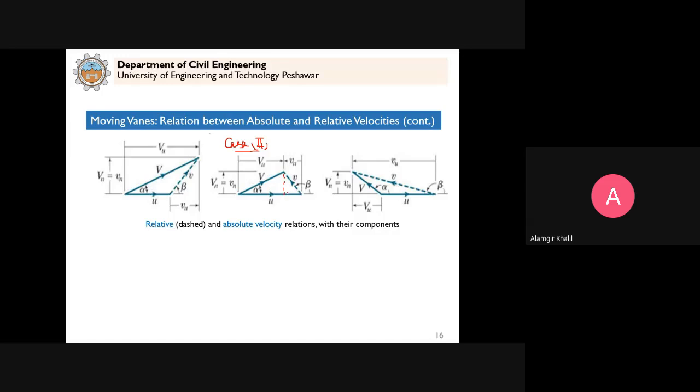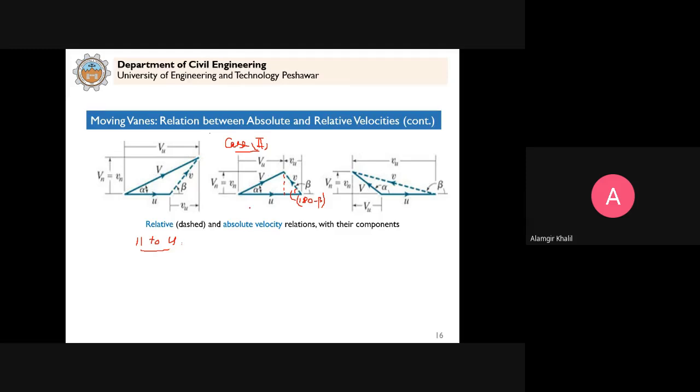So now this angle here can be 180 minus beta, and this is alpha. So you can see that in this case we will have the two vertical components here. So what will be the relationship? Let's say I consider parallel to u.